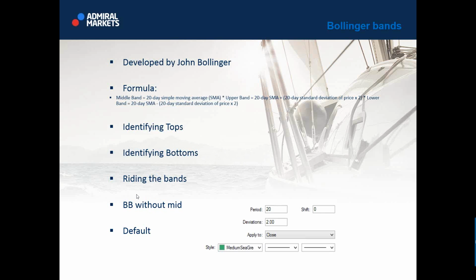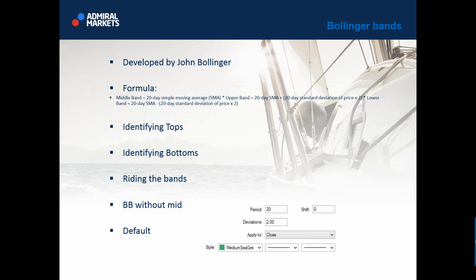Also, we need to say that by identifying tops and bottoms, I specifically think about and refer to counter trend trading. Riding the bands is actually trend trading, and Bollinger Band squeeze is waiting for breakout.